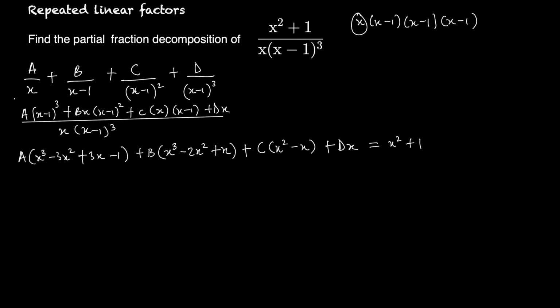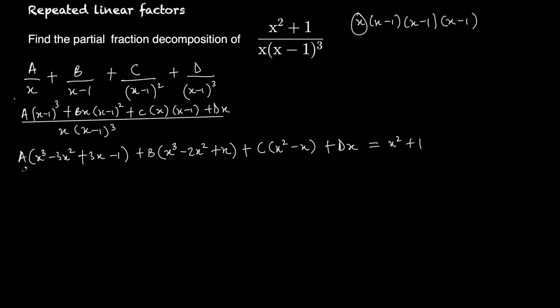Now all we have to do at this point is to match up what we have on the left hand side of the equation to what we have on the right hand side, taking a look at each of the terms by their degree.